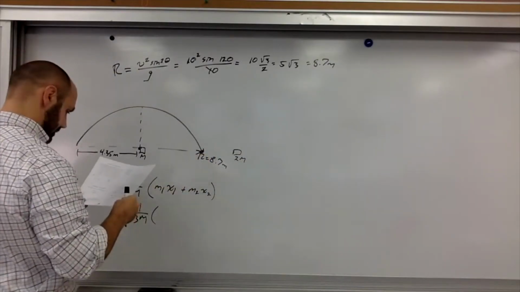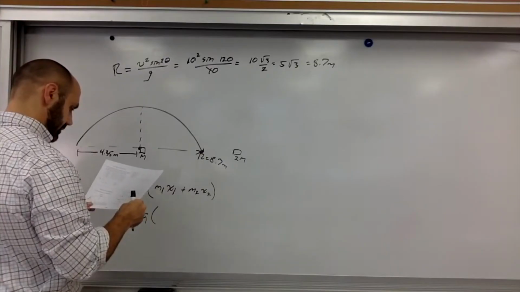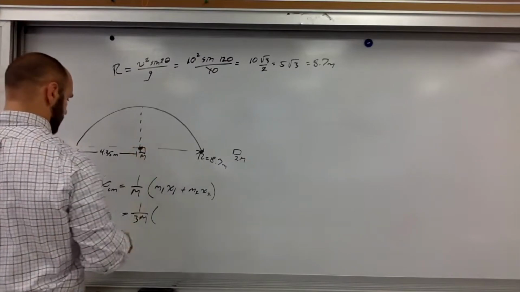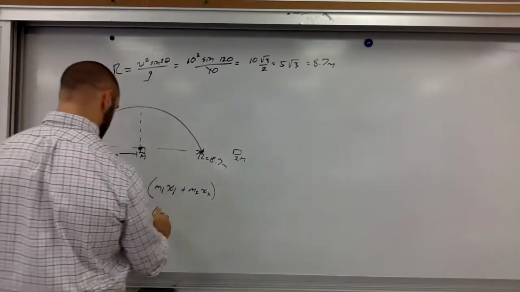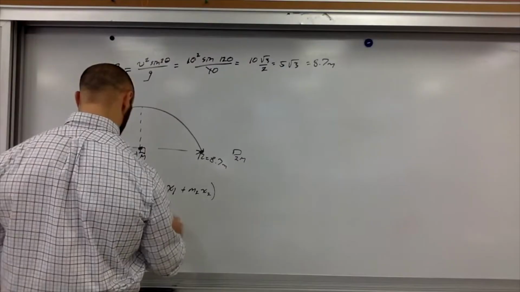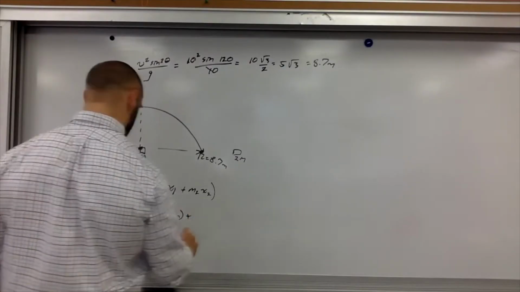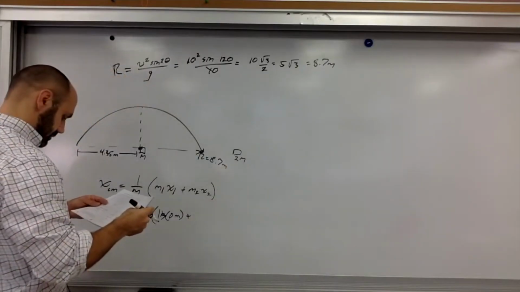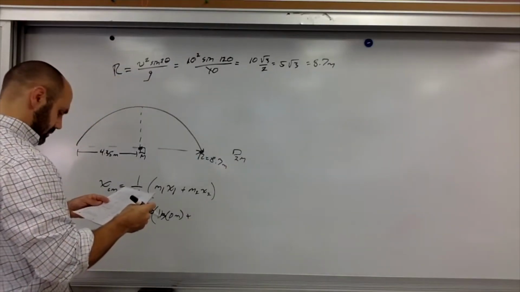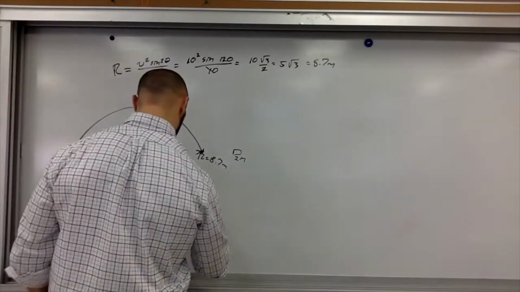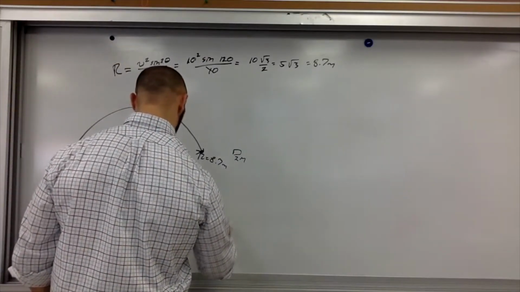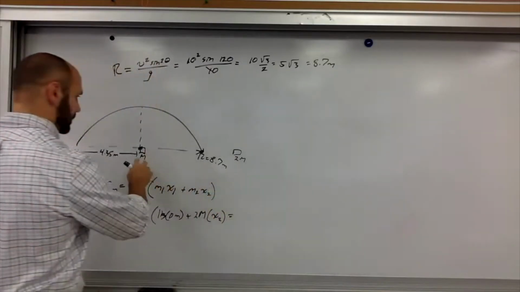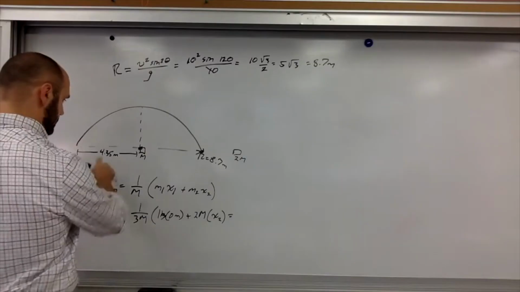And if I take this as my origin, or let's see, what did I decide to do here? Be easier if I just do, oh, okay, so if I take this as the origin, right here, that makes that piece go away. So 1 kilogram times 0 meters, that's easy. And now 2m times x2. I don't know what that is, but I do know that the center of mass is 4.35.